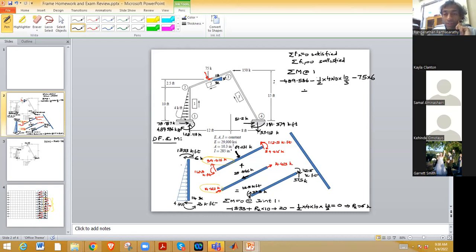Then you have positive 150 times 15. Then you have this moment, negative 181.379. Then you have this one, negative 53.118 times 20. So let's check, is it all okay?